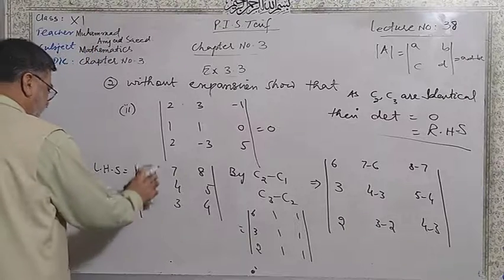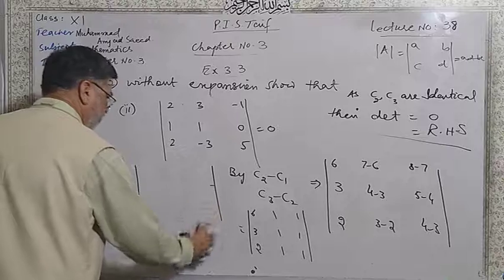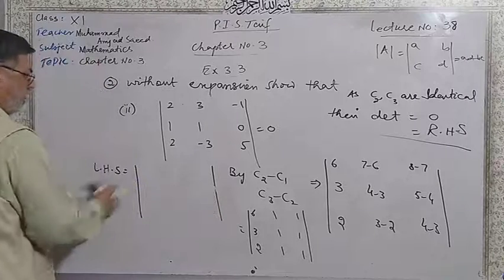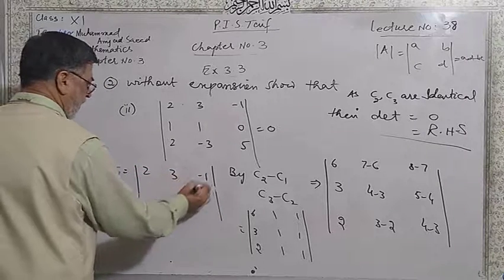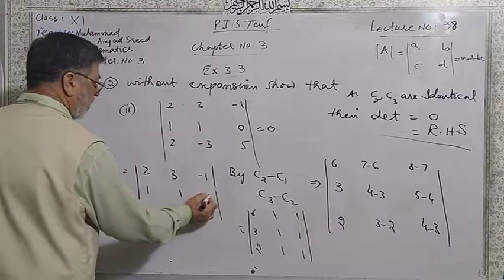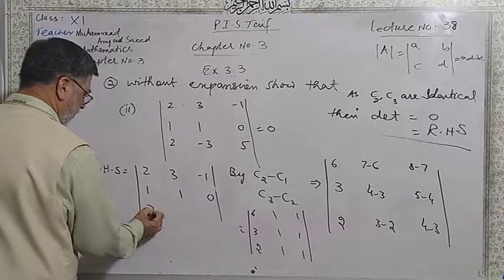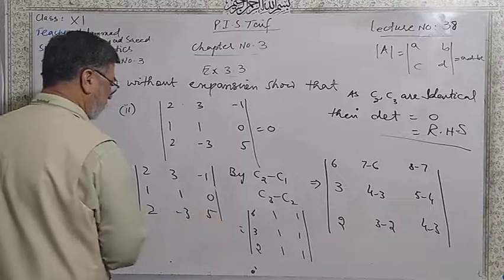We will take the left hand side just like the previous part: 2, 3, minus 1; 1, 1, 0; 2, minus 3 and 5.